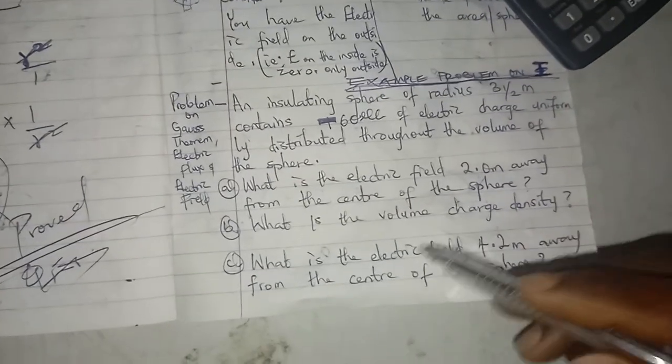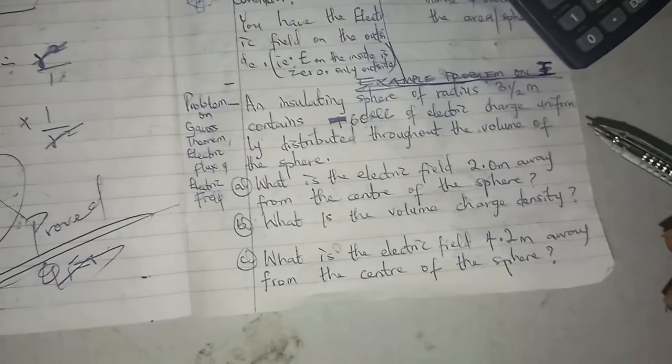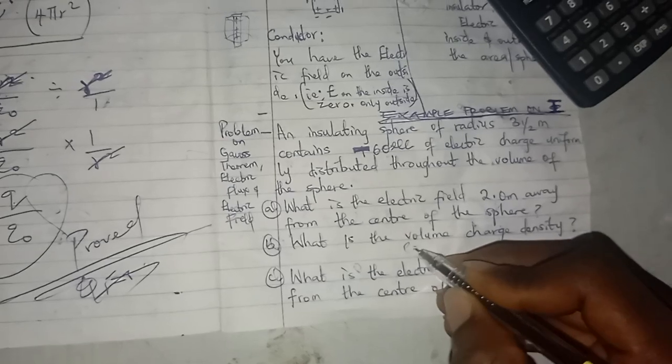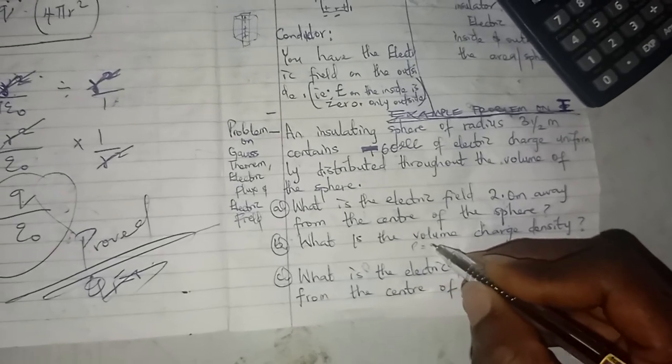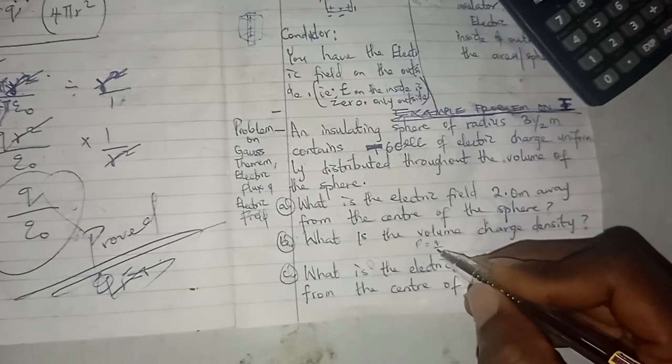So the B part of the question said, what is the volume charge density? Remember that we said that volume charge density is given by rho equals to charge over volume, like mass over volume.